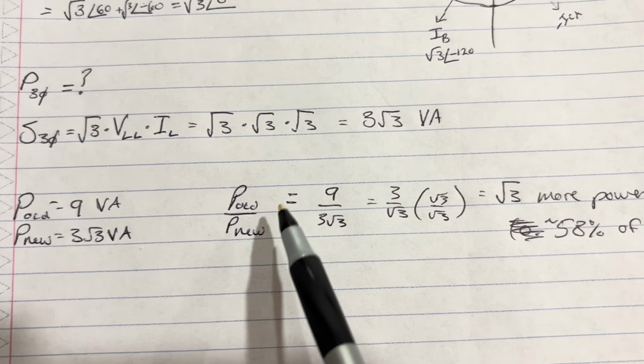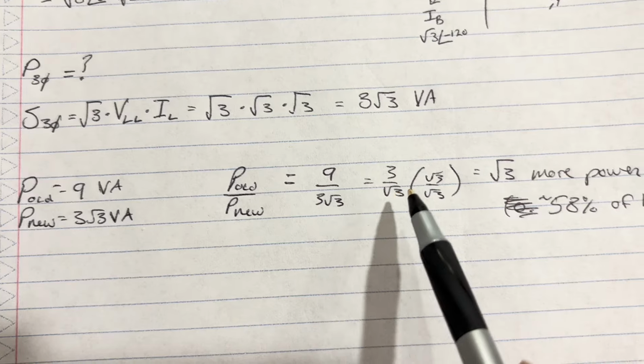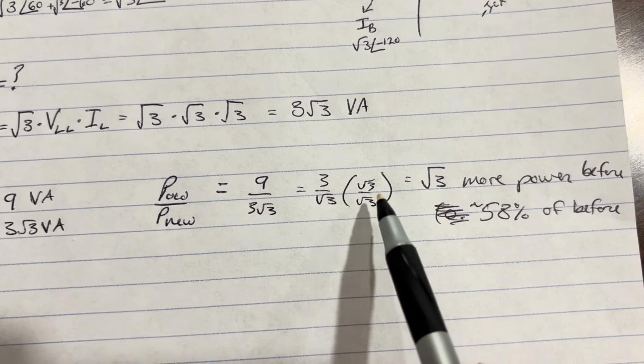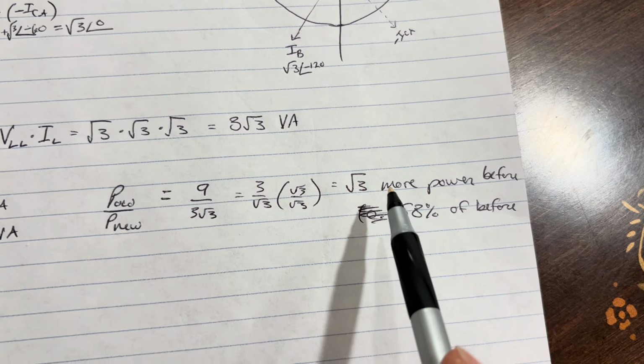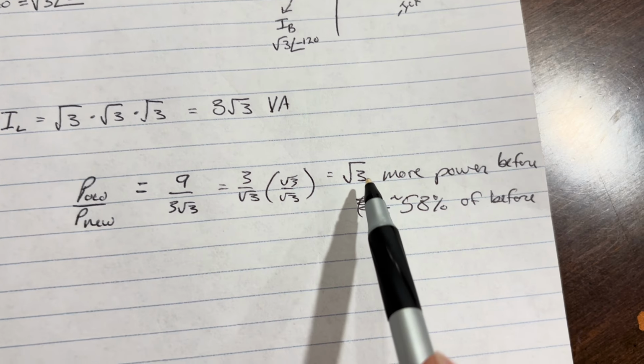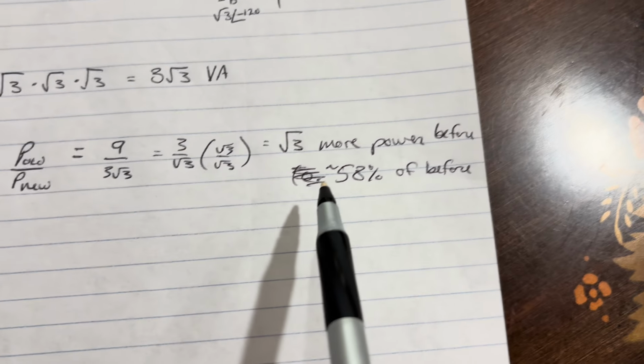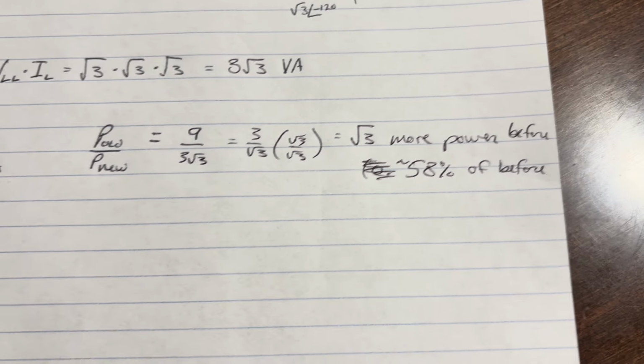If we take a ratio of the old power to the new power, it's this. Multiply by here, make it look prettier. Square root of 3. There's square root of 3 less power now, square root of 3 more power before. That comes out to about 58% of before.